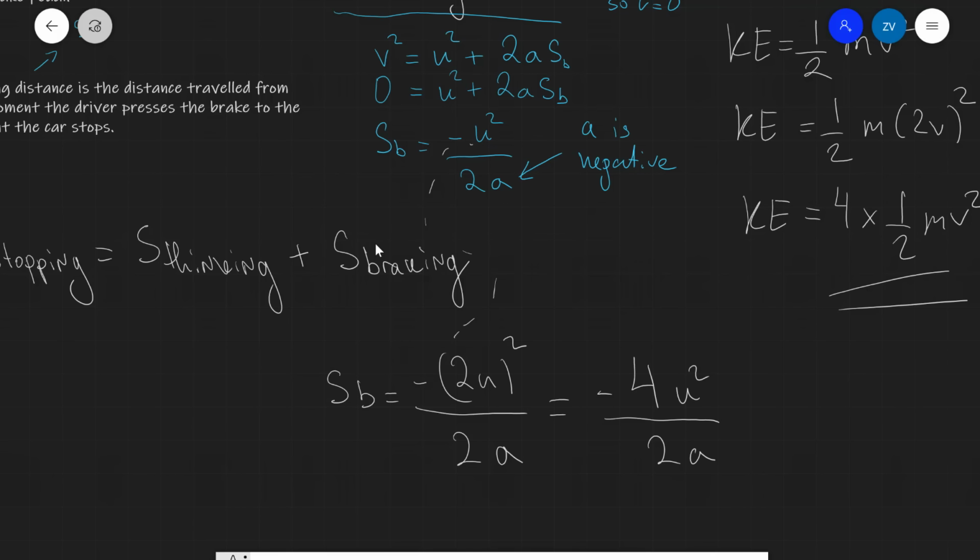So if I'm driving twice as fast, my distance will not increase by the same factor, but by that factor squared. So my braking distance will be 4 times as much. Something to be really, really mindful about.